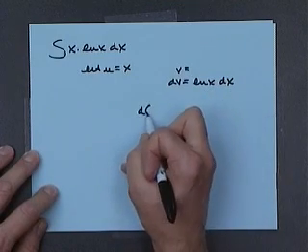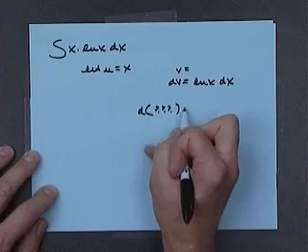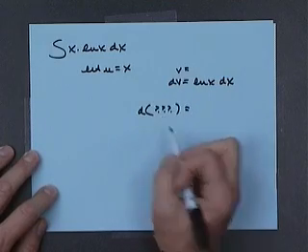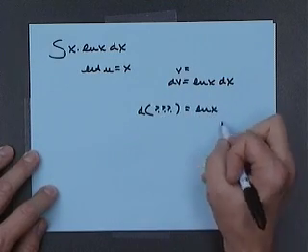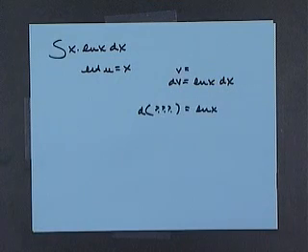Do we know of anything that we could take its derivative and get the natural log of x? We know how to take the derivative of the natural log of x, but can we take the derivative of something and get the natural log of x? It's not going to work.